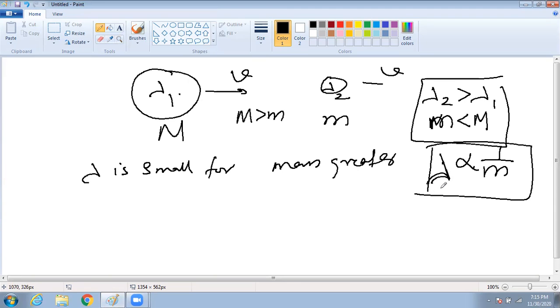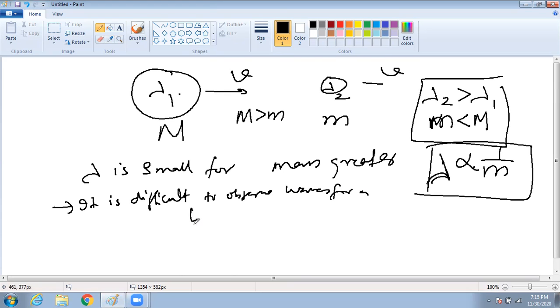Clear? So if you have a larger mass, it is difficult to observe waves for a bigger or greater mass. Why? Because lambda is very, very small.